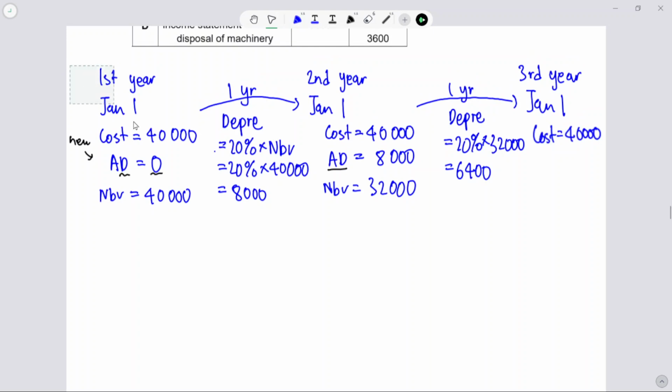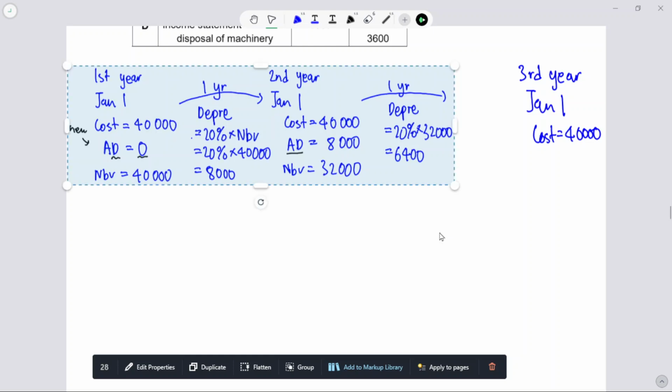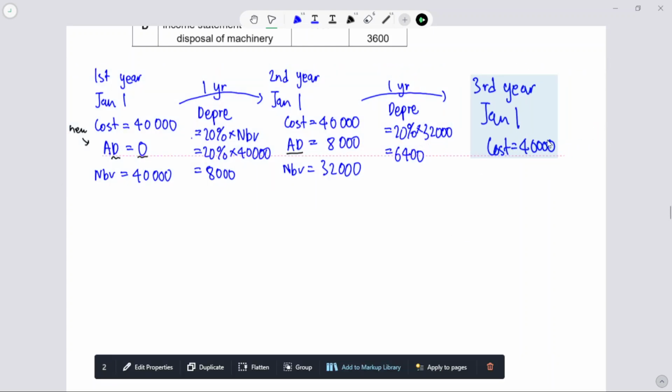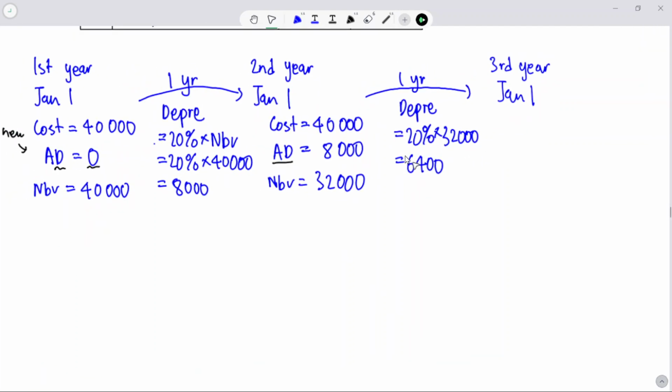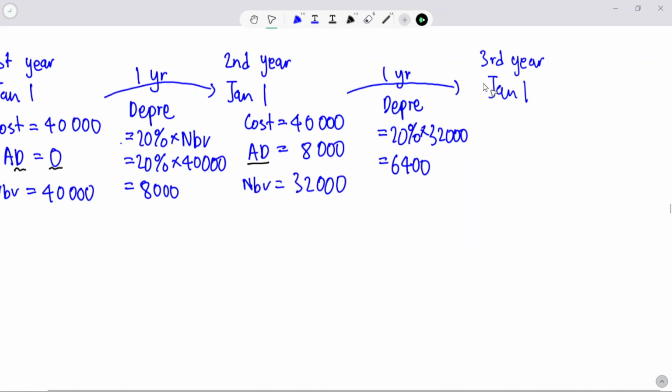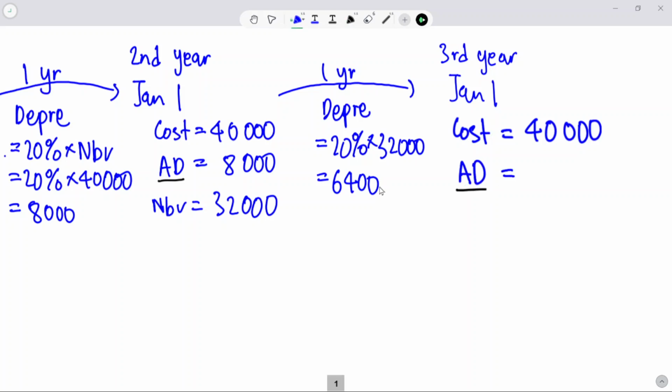Let me minimize it. The cost will still be the same. The AD is equal to this plus this.